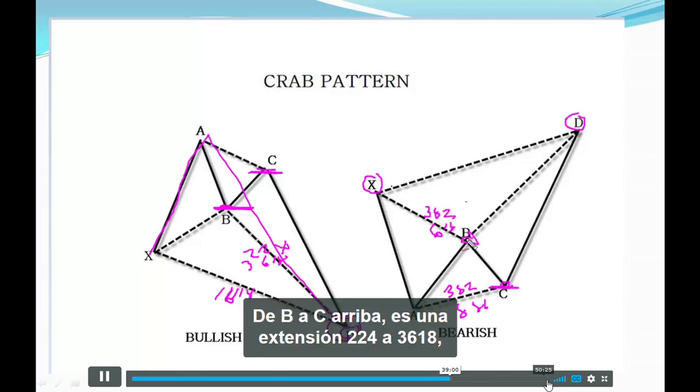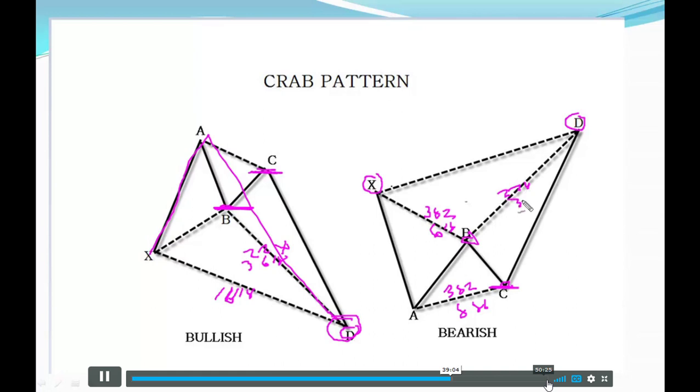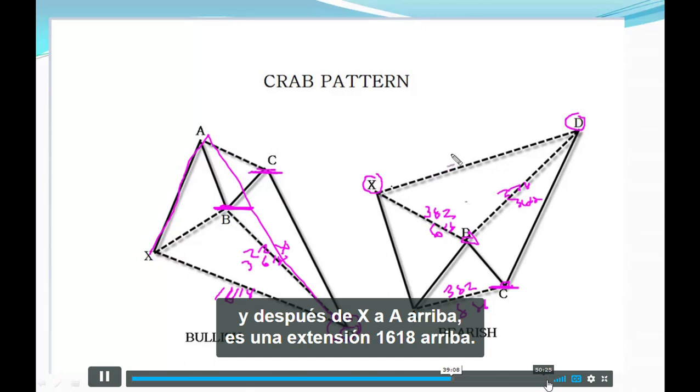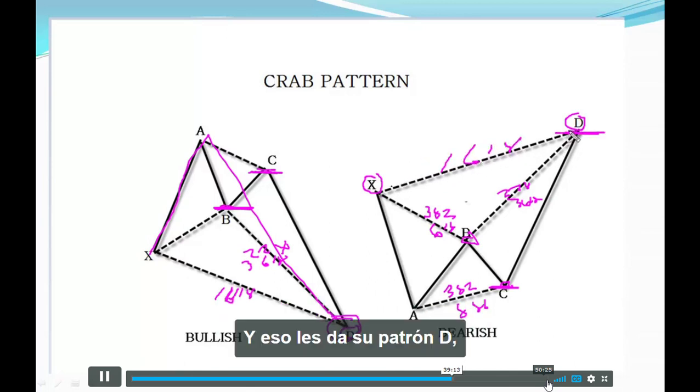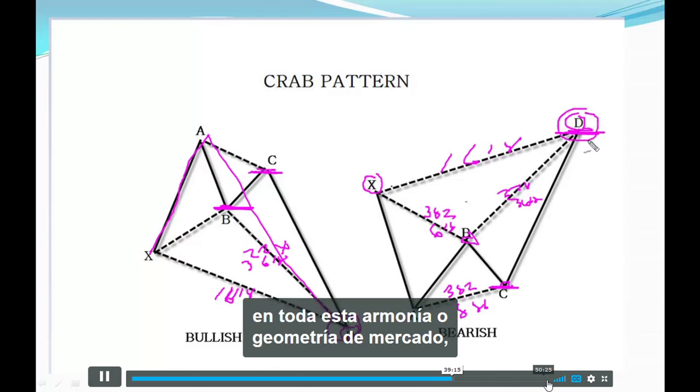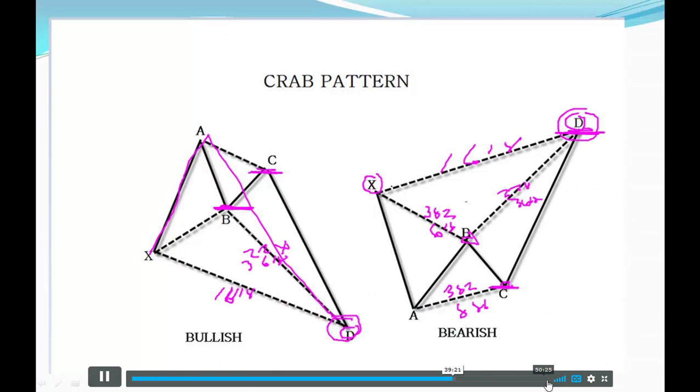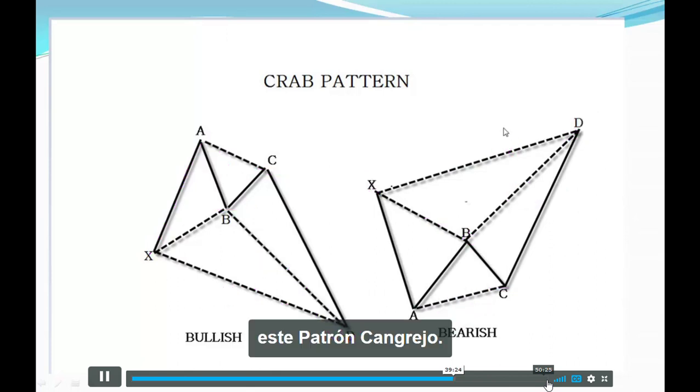From B to C up, it's a 2.24 to 3.618 extension, and then from X to A up, it's a 1.618 extension up. And that's giving you a D in this whole harmonic or market geometry, your X, A, B, C, D in this particular crab pattern.